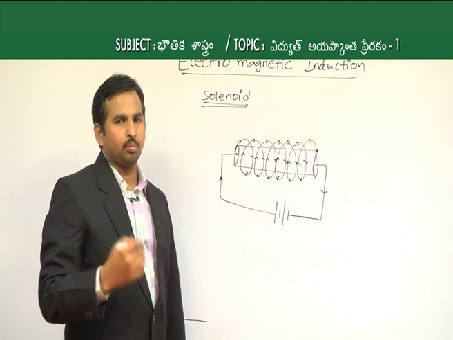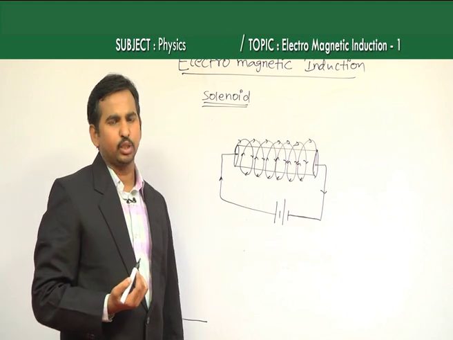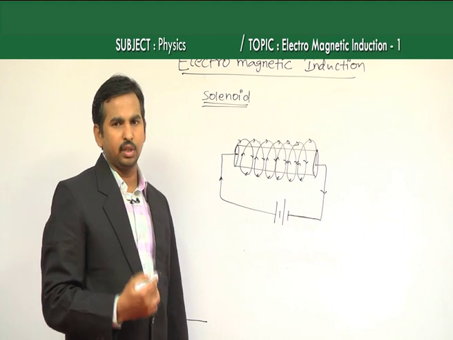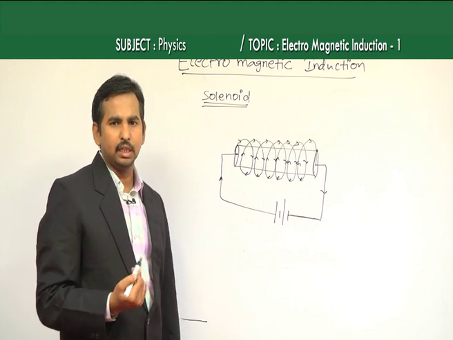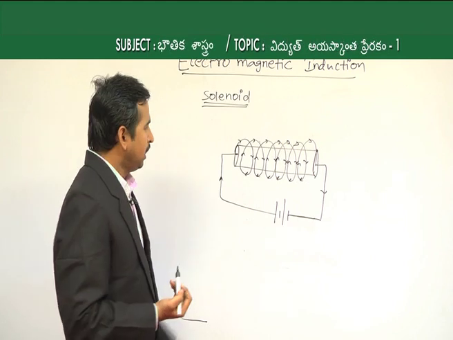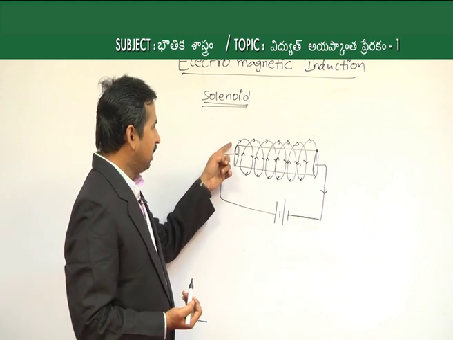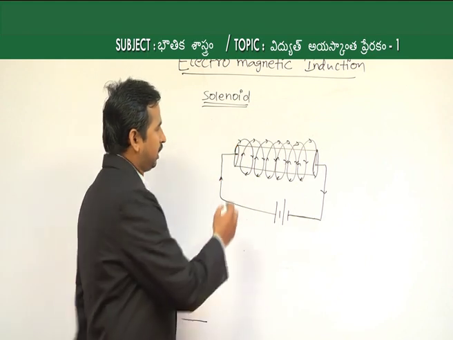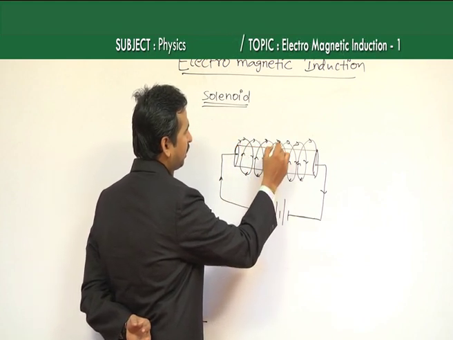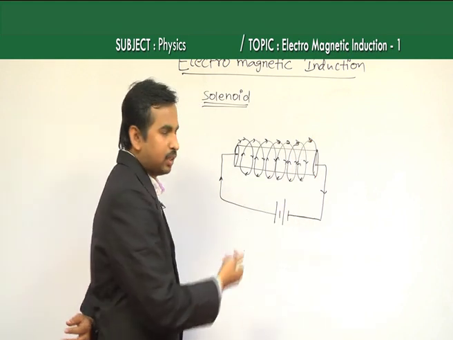As the number of turns is more, the magnetic field strength is also more, because the magnetic lines of force increase with the strength of the current as well as with the number of turns. That is why the magnetic field here is like that around a bar magnet, going in this direction, and at this particular point, as the current passes through, the magnetic lines of force are around it.